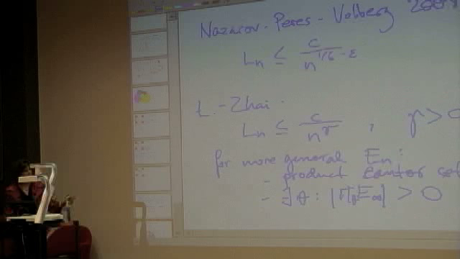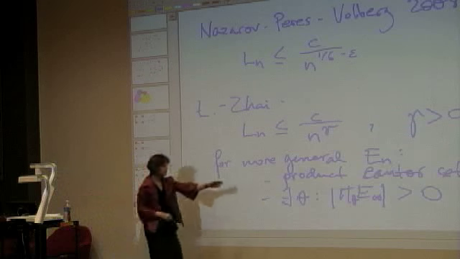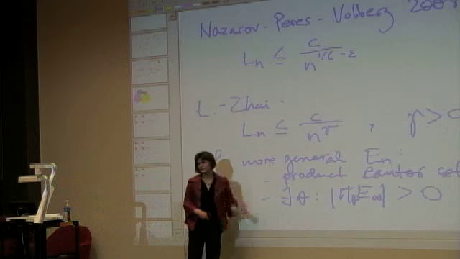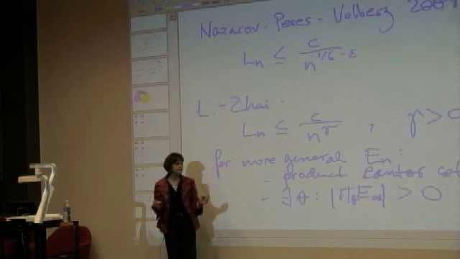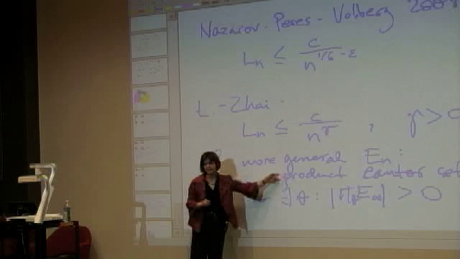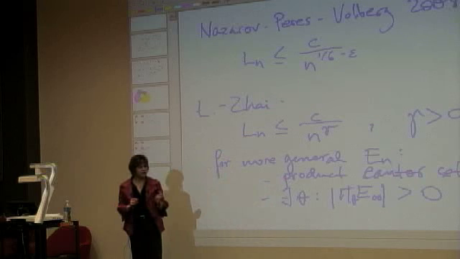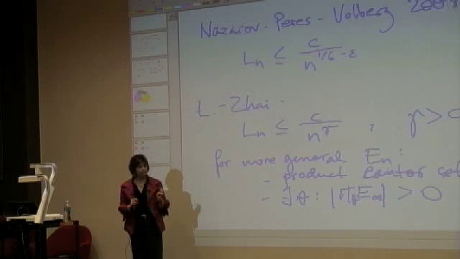The condition that our set should be a product set is a little bit annoying because we don't expect that should be necessary. And in fact, there's a bit of a hope that maybe we can get rid of that. There is a very recent result of Volberg and his student Matthew Boltz, if I remember the name correctly.